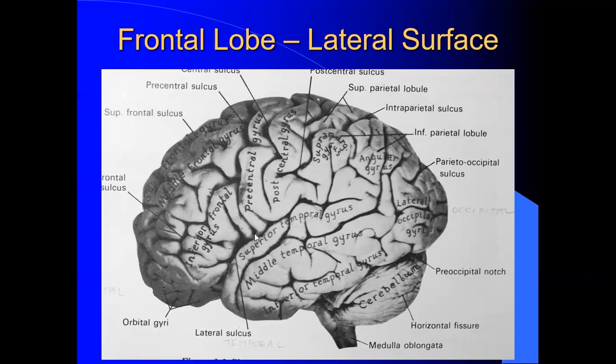opercularis. What does operculum mean? Why do we call it operculum? Operculum is lips. Okay, these are in the lips of the Sylvian fissure, upper lip, lower lip, right? So you're going to have an opercular portion of the parietal lobe, which is going to be the inferior portion.